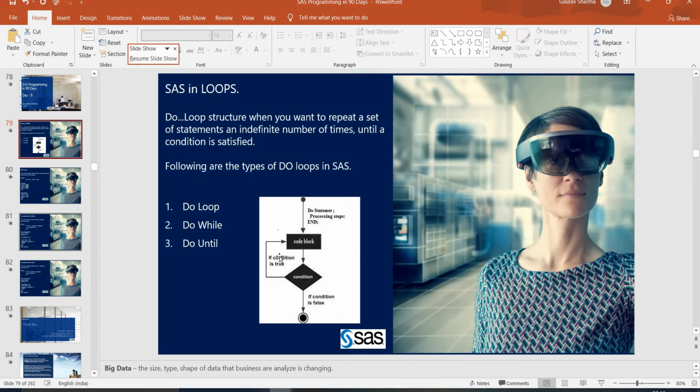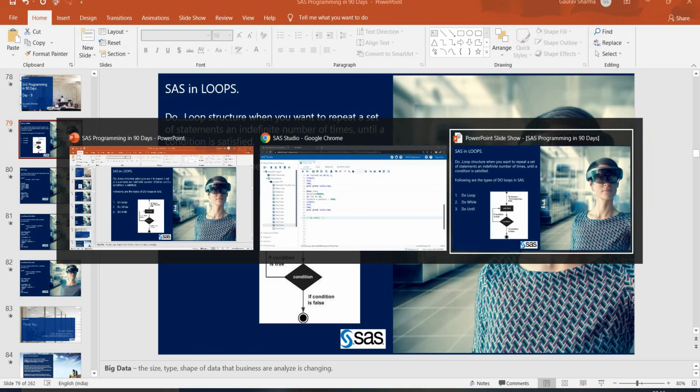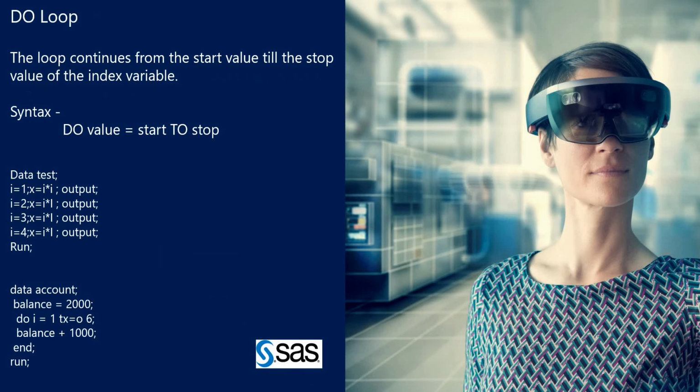Now we are going forward to the do until. So what is a do until? The loop continues from the start value till the stop value of the index. This is the syntax: do variable, let's suppose I is equal to 1 as the start value and 20 as the stop value.